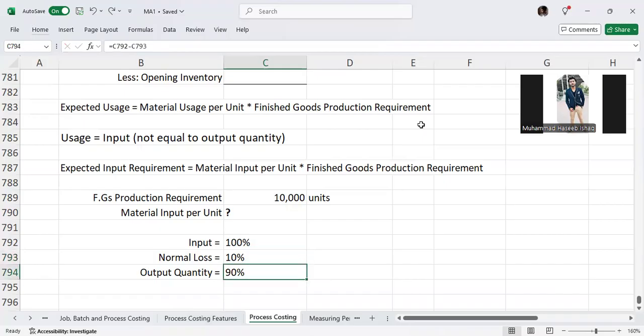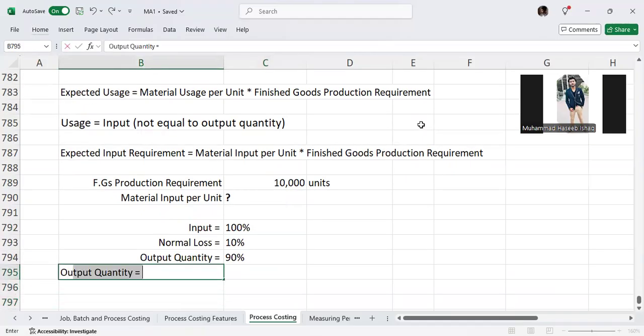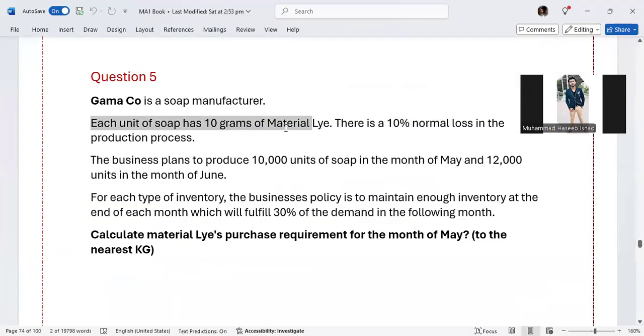So once you have calculated the output quantity, now we can write this as: output quantity is equal to 90% of input. We can surely write it like this because of course input is 100%. So now we know the output quantity per unit. What is the output quantity per unit? It is 10 grams.